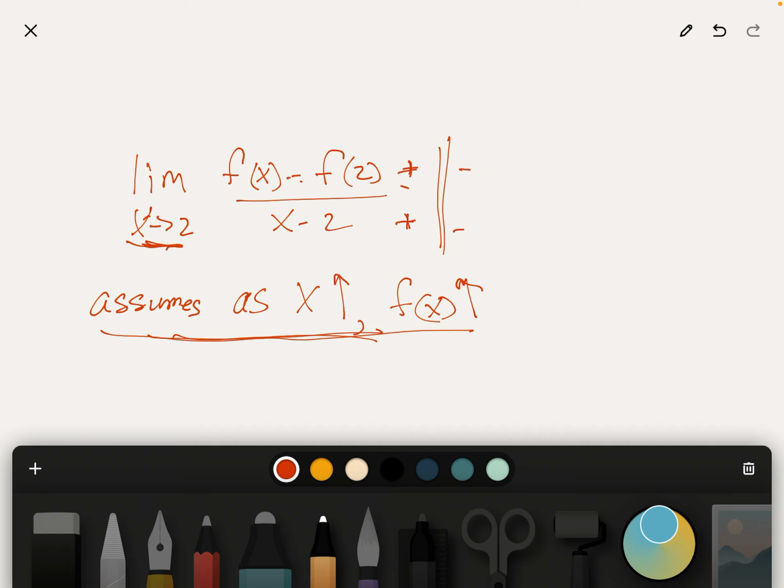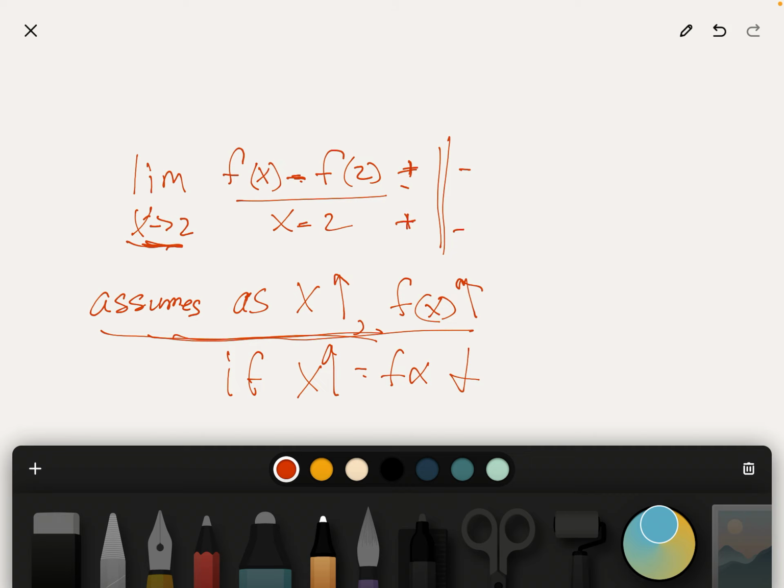And if you're going to reverse the sign in the numerator, you have to reverse the sign in the denominator as well in order to have an equivalent expression. It doesn't matter, of course, if as x increases, f of x goes down; the general statement is still the same.